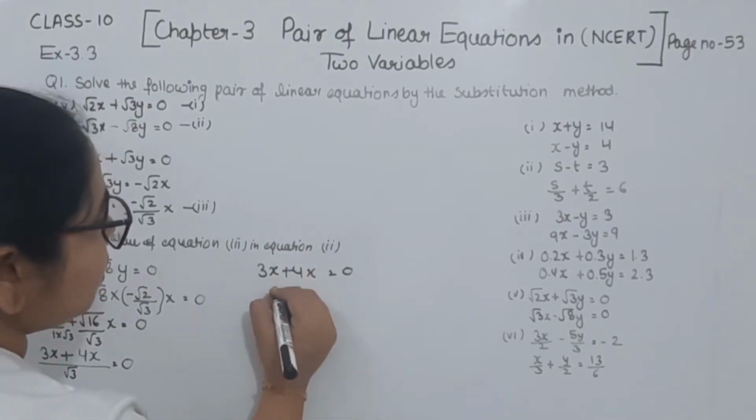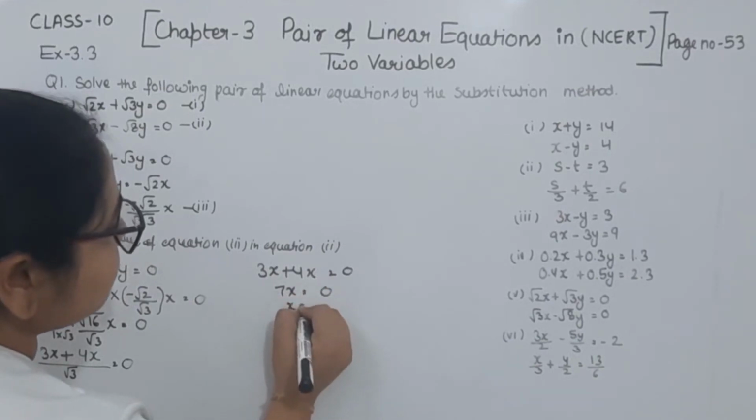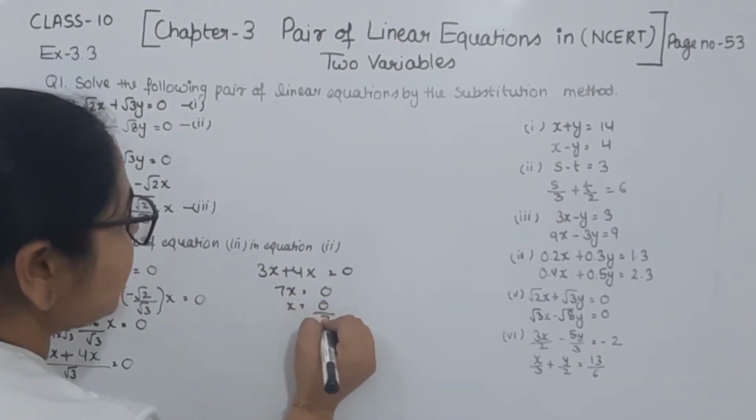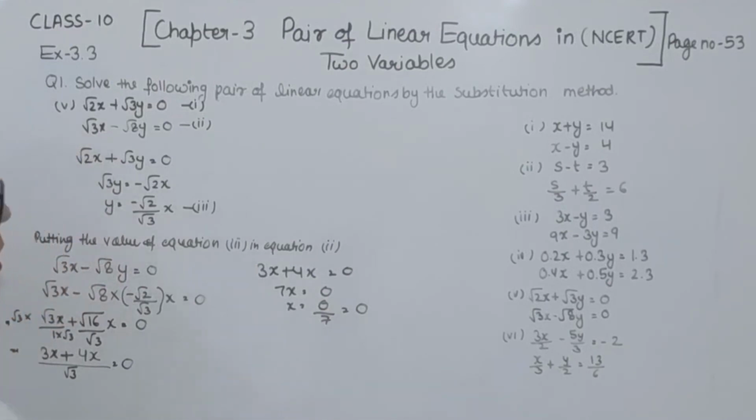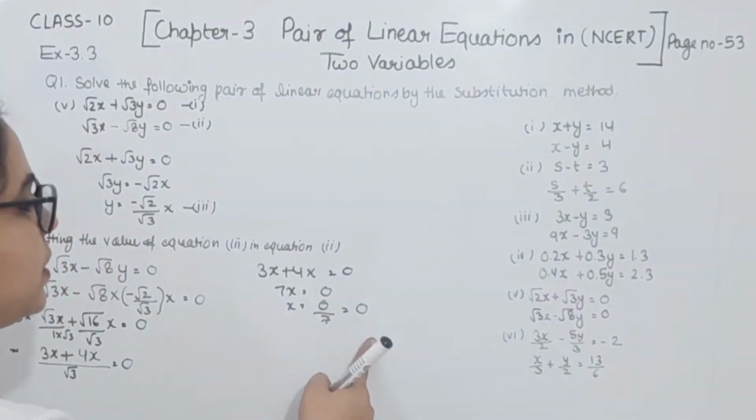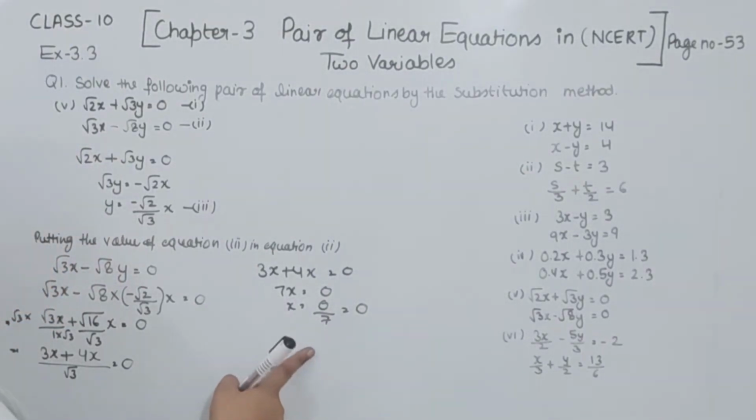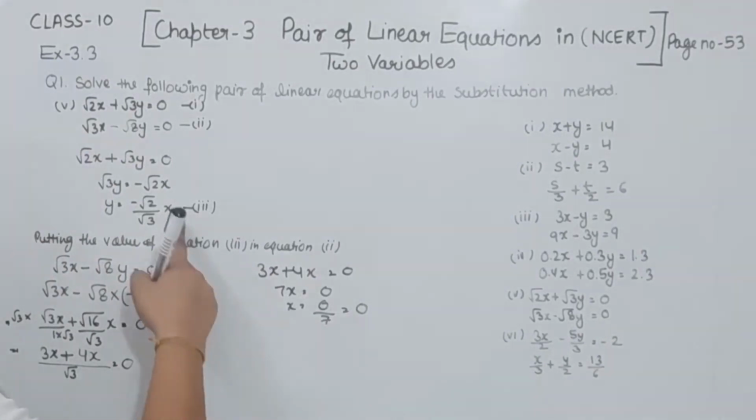So we will have 7x equal to 0. Now we will transpose this. So 0 divided by 7 is equal to 0. So the value of x is 0 here. Now we are going to put this value in equation number 3.